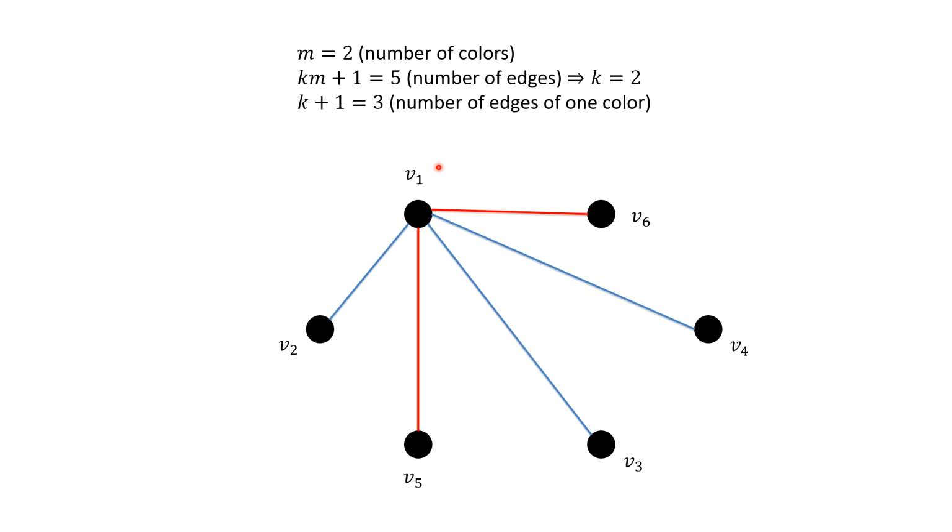Each person, this particular person, V1, would have 5 possible relationships, either a friend or a stranger. So that's 5. And then we can just plug m equals 2 into here, and that says k equals 2. And then generalization number 1 of the pigeonhole principle says that you're guaranteed to have 3 edges or 3 colors of the same.